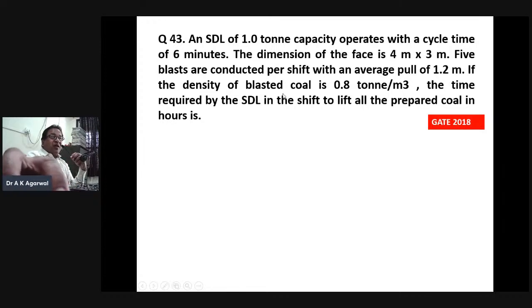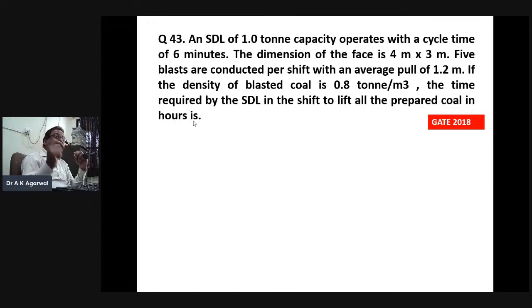If the density of blasted coal is 0.8 ton per meter cube, the time required by the SDL in the shift to lift all the prepared coal, in hours, is? So how much time will be required by an SDL to load all the coal?